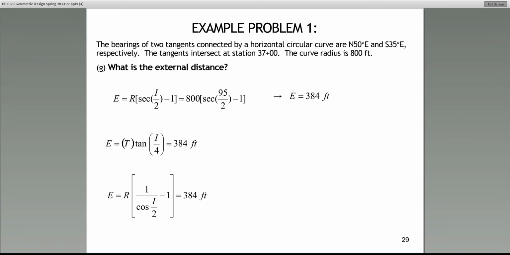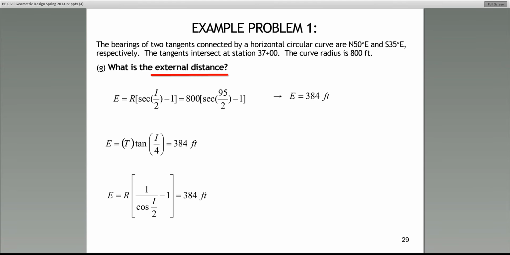Now, this one says, what is the external distance? Remember, for external distance we use the letter E. And Fahmy was asking, how come there is more than one equation to calculate E? Well, because those relationships have been developed, and really it's based on what is known.